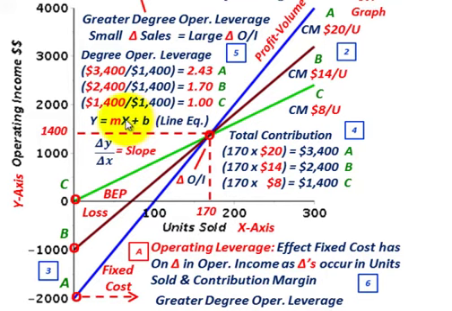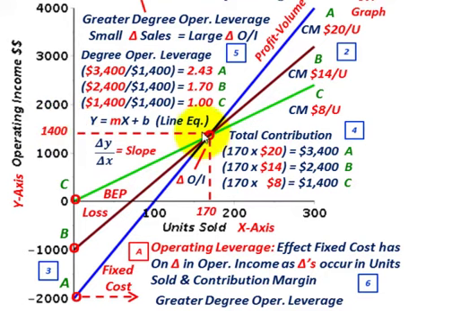So if you plug your numbers in, $20 times 170 units, and you subtract out the $2,000 in fixed cost, you come up with your operating income, or your Y amount, of $1,400.